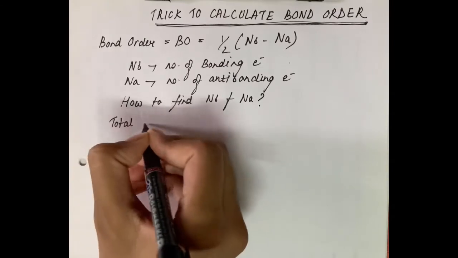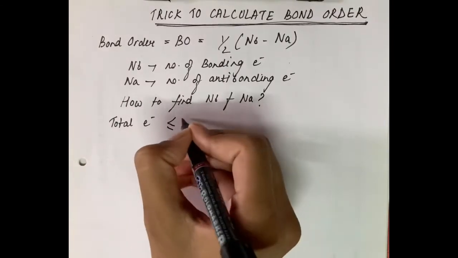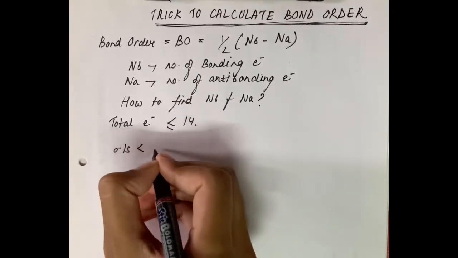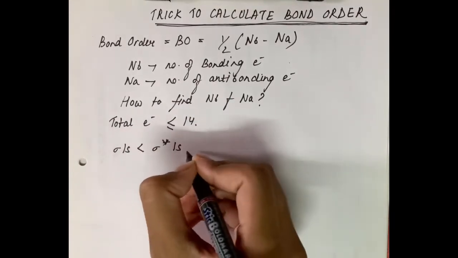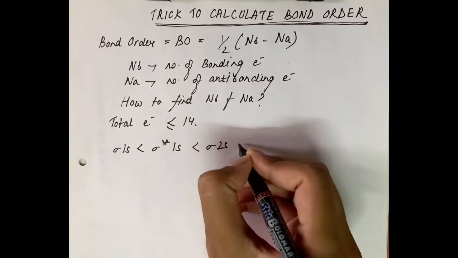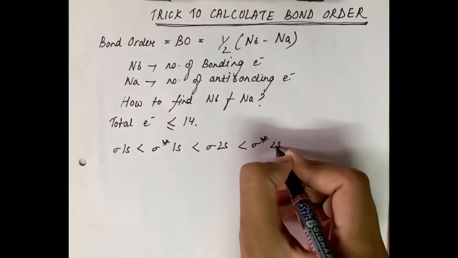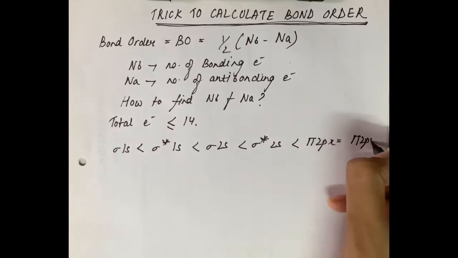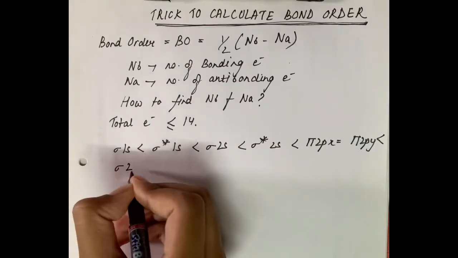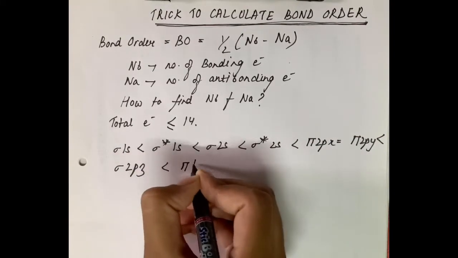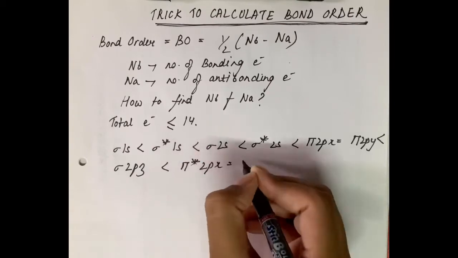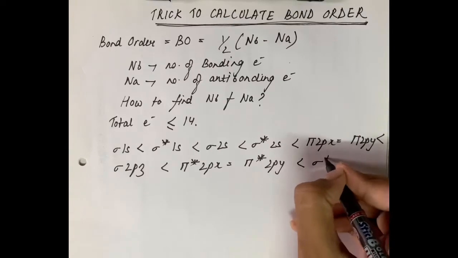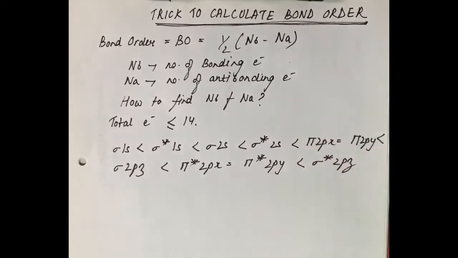If the total number of electrons is less than or equal to 14, then electrons will be filled in the order of sigma 1s, sigma star 1s, sigma 2s, sigma star 2s, pi 2px equals pi 2py, sigma 2pz, pi star 2px equals pi star 2py, and sigma star 2pz.